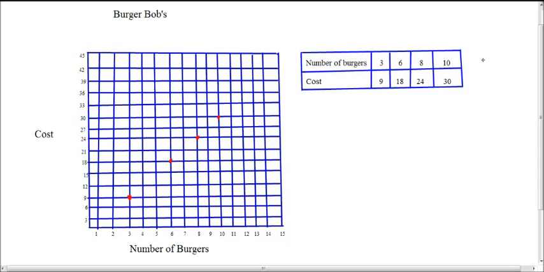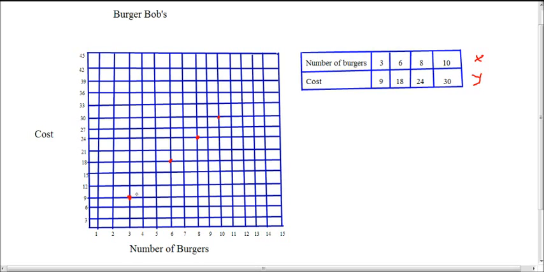So I'm going to make sure that I put here visibly that my number of burgers is going to be on my x-axis, and of course my cost will be on my y-axis. I have again plotted this. X is 3, y is 9.